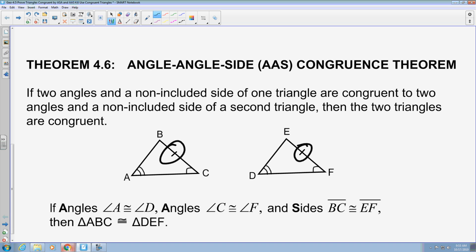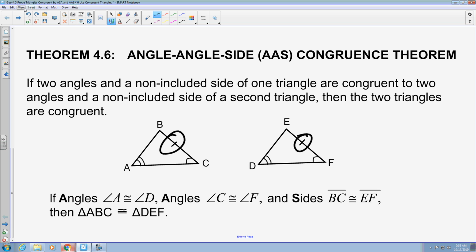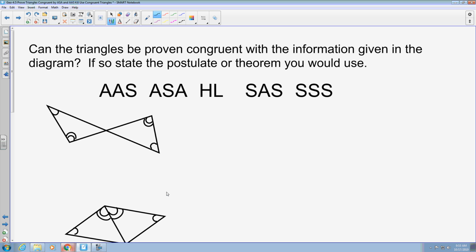That's the big difference between the two. All right, so now we have all of these theorems or postulates at our disposal. We can utilize any one of those to help us prove that triangles are congruent.